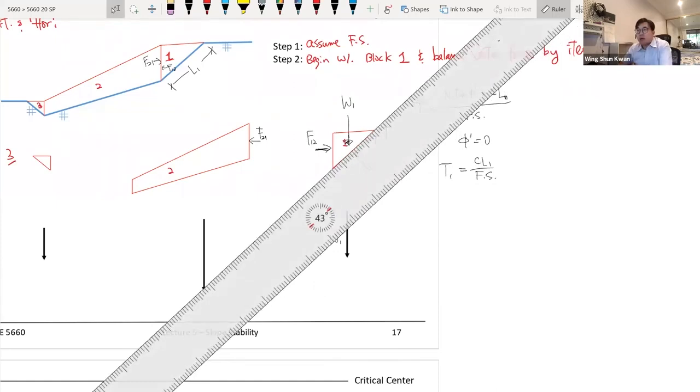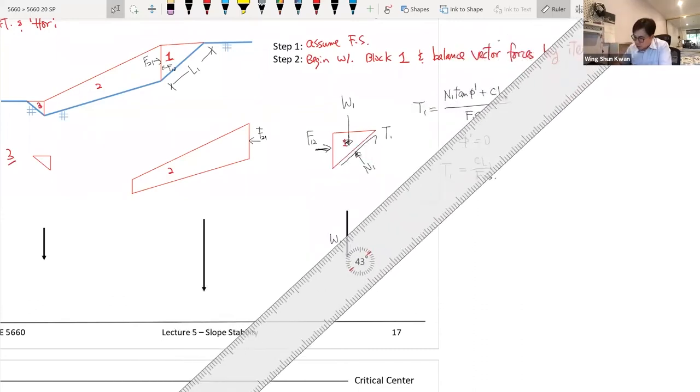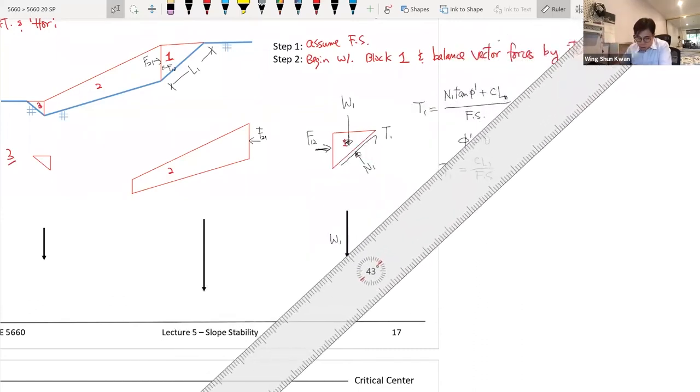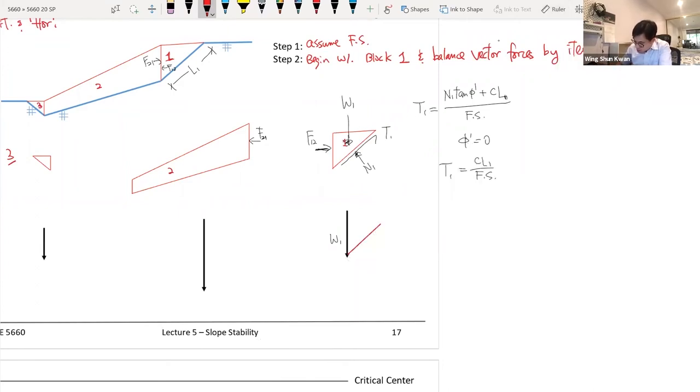The orientation of T1 is a vector, so you need to know the orientation and also the scale. So let's say you know T1 now. This is your T1. This is the direction of T1.